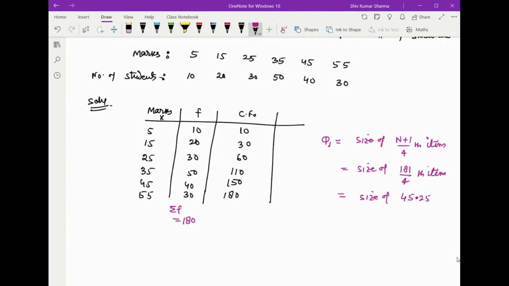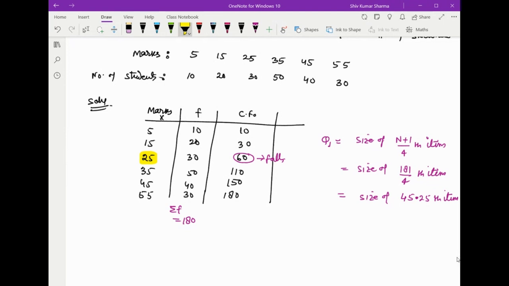So 45.25th item. We see in which cumulative frequency this 45.25th item falls. It falls in the 60 cumulative frequency. In front of this frequency, what is the value of x? The value of x is 25.